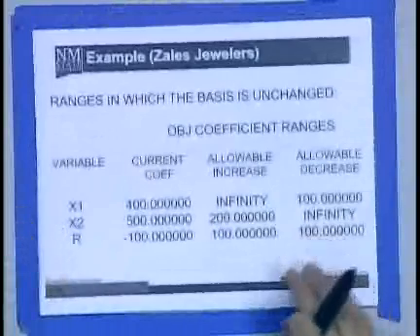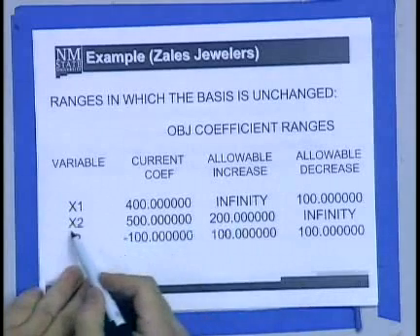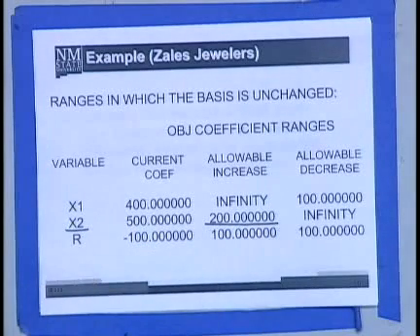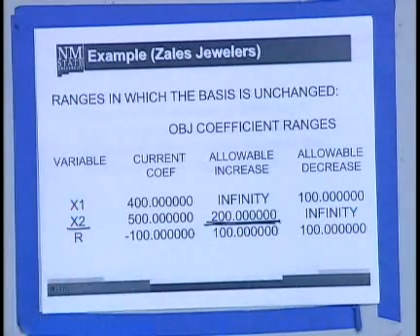So you need to look at the increase limit for x2 variable, which is 200 at this time. What does it mean? Only an increase of 100 is allowable. So the basis will remain unchanged with an increase of 100 because it's still within the allowable increase limit. So the value of x2 remains unchanged. Okay?